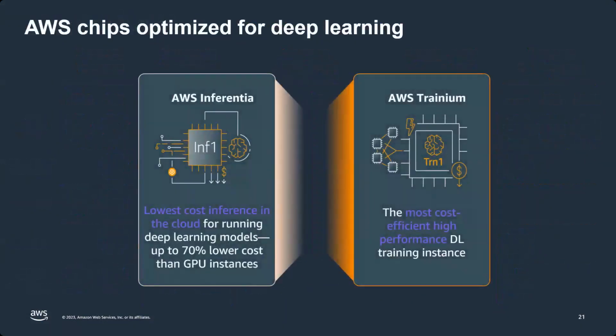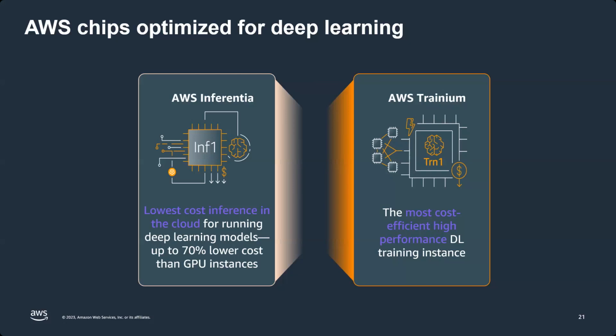So now, with the recent boom of generative AI and artificial intelligence at AWS, we also built our Inferentia chip to reduce the cost of machine learning inference, and AWS Trainium, which is a high-performance machine learning training chip that has been designed by AWS to deliver the most cost-effective machine learning training in the cloud. So the Trainium chip is used to help customers be even more cost-effective when they're training their deep learning machine learning models.